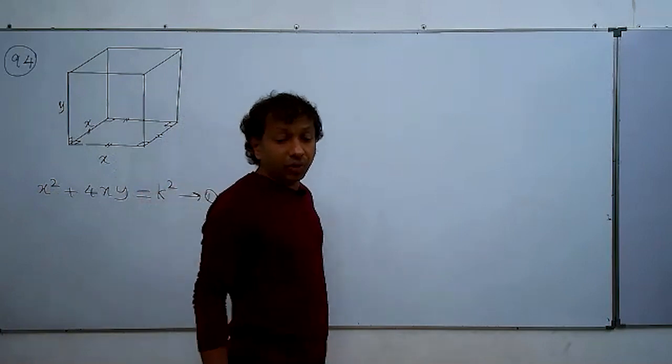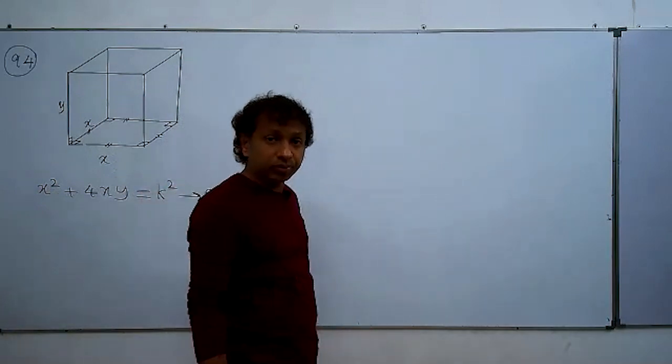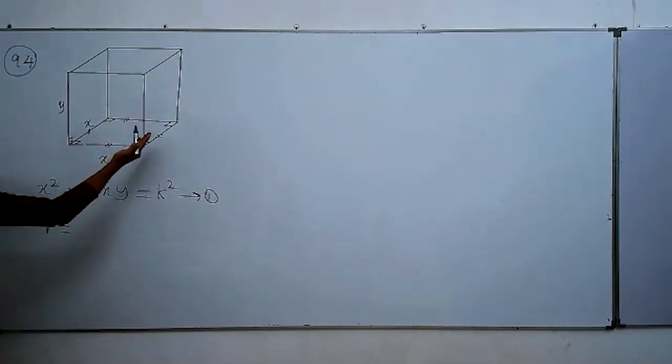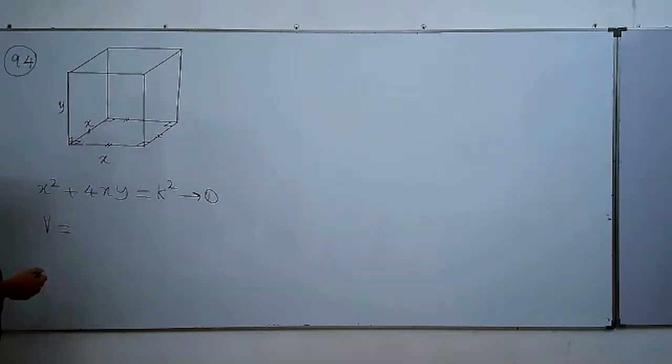Secondly, I'm going to write the volume of the box, V. Volume of this box is base area multiplied by the height, x squared y. Number two.